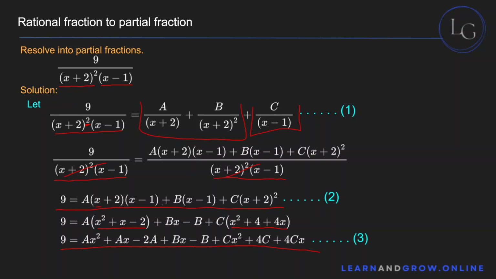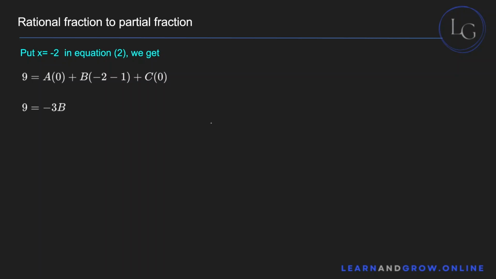So a's entire expression will be 0, and c will also become 0 because this part will become 0. So you'll just be left with b into minus 2 minus 1, so b into minus 3. See, a will be multiplied with 0 and c will be multiplied with 0. b will be multiplied with minus 3. So we'll have minus 3b is equal to 9, and so the value of b is equal to minus 3.